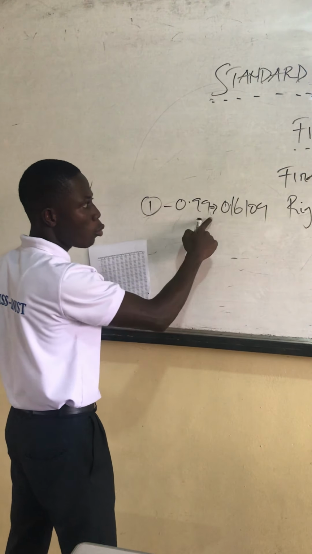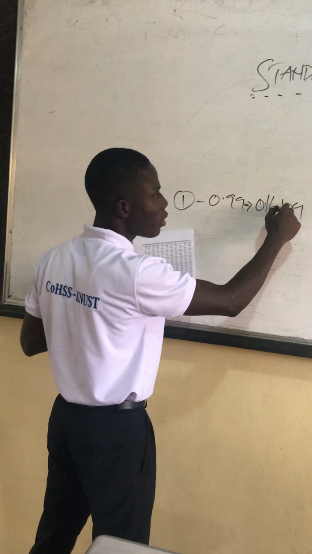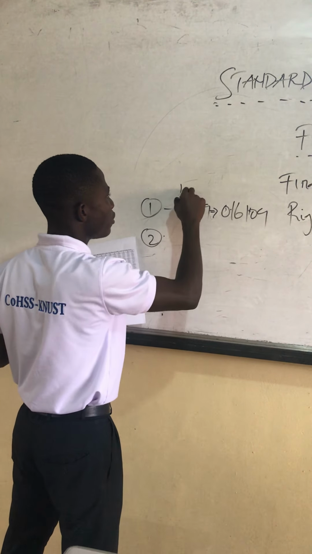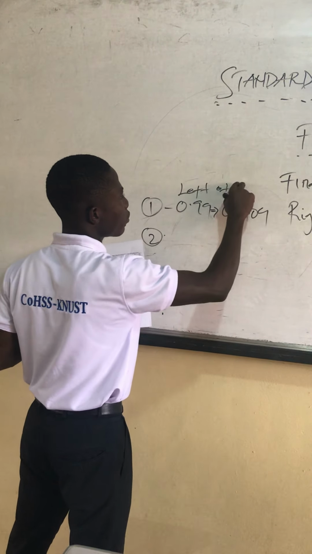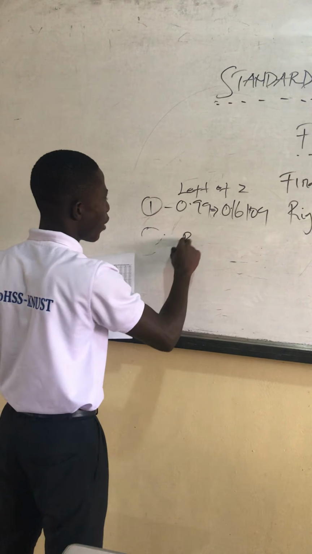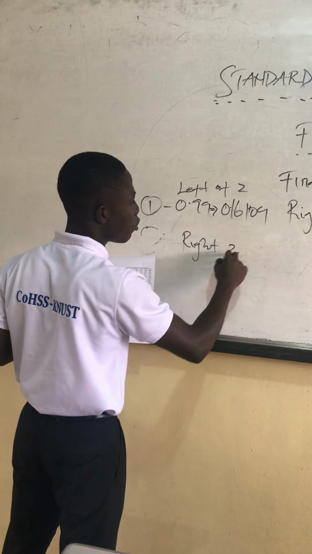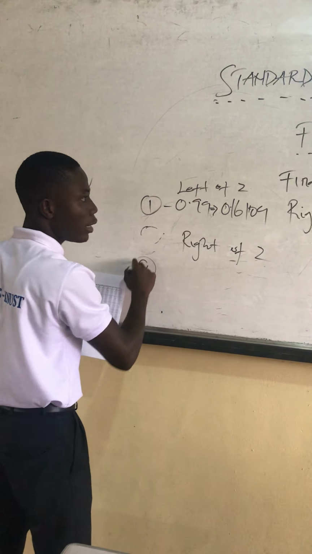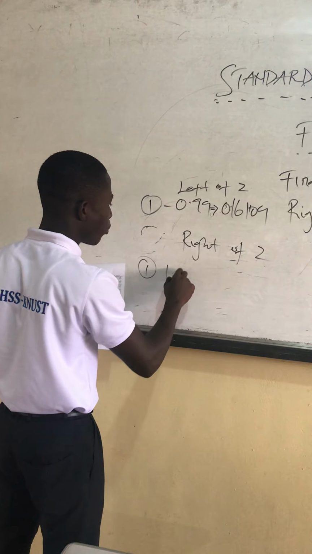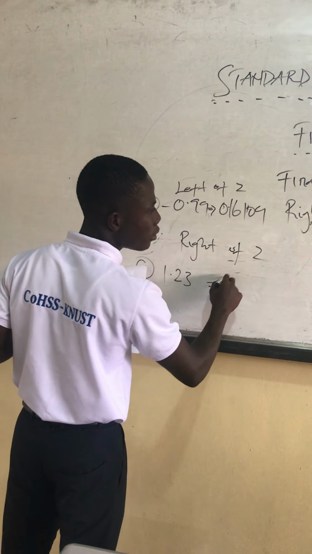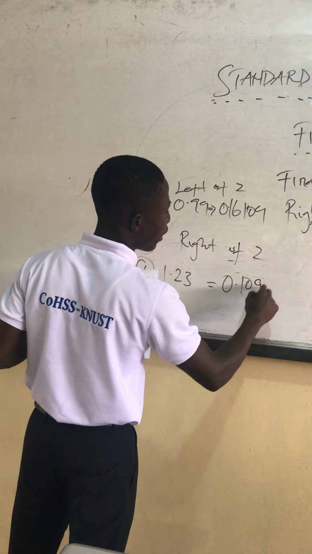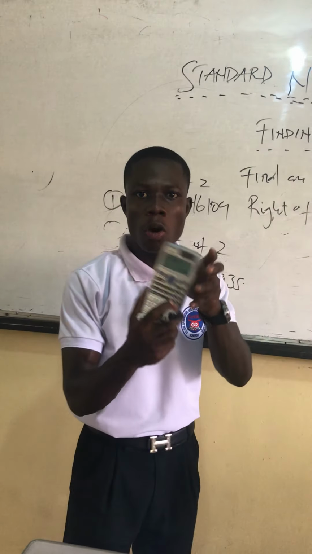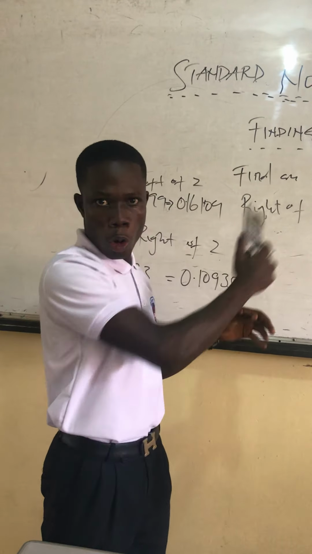With our first example, we got 0.16109, and this is on the left of z. And the second example is on the right of z, and the z score was 1.23, and we had 0.10935. So with this, I'm going to show you how to use the calculator to find all this.